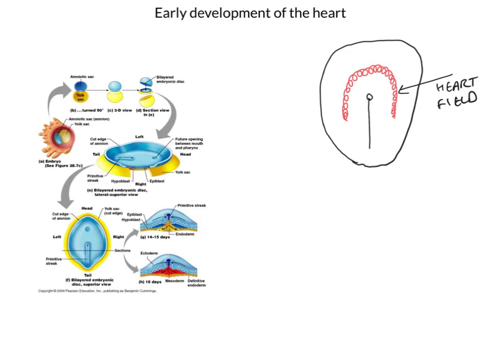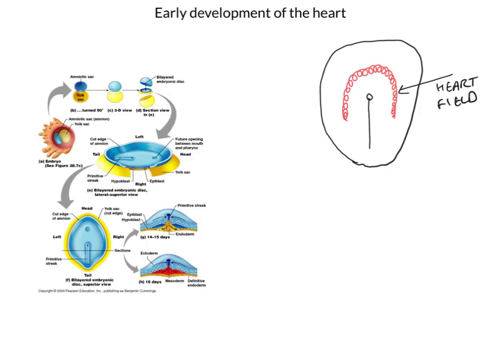Now, even at this early stage in development, we can see something intriguing and in fact highly clinically relevant. If you speak to most people, they will give you an account of the heart, something along the lines of it being primarily on the left-hand side. And of course, anatomically, we know that a large portion of the left ventricle does indeed protrude into the left half of the chest.